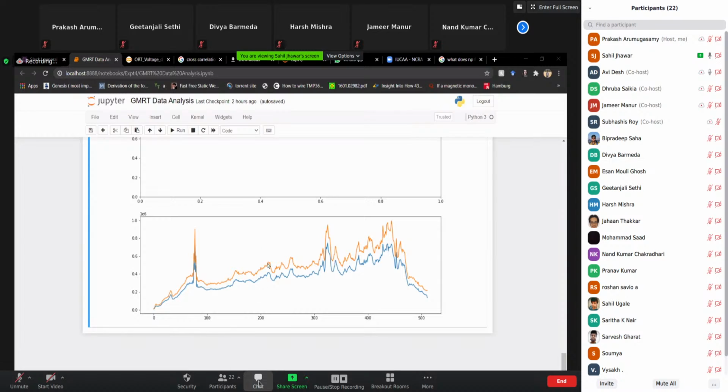I'm saying the cross correlation looks for similarity between the signals. The receiver noise from one dish is not related to the receiver noise from the other dish. The only common thing between the two is the signal coming from the sky.